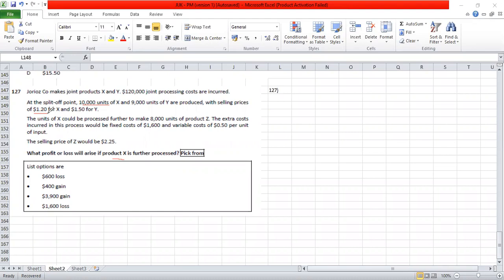Then later on, this can be further processed. The units of X could be processed further to make 8,000 units of Z. The additional cost which is incurred is 1,600, variable cost of 0.50 per unit. Selling price is 2.25. So let's first find out what is the sale value at the split off point.